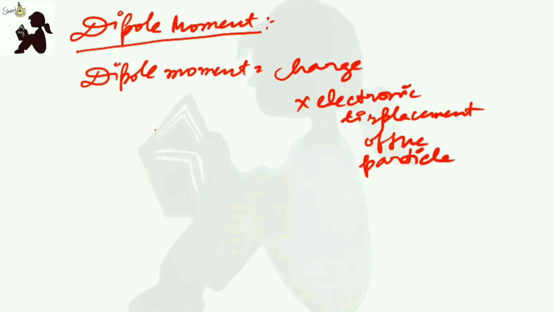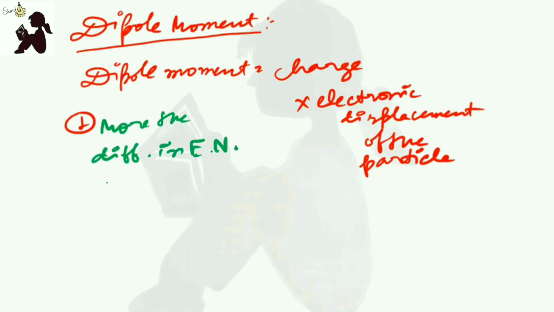Next, there are some factors on which the dipole moment depends. So let's see that. First one is on the basis of electronegativity. The more the difference in electronegativity, the more is the dipole moment.